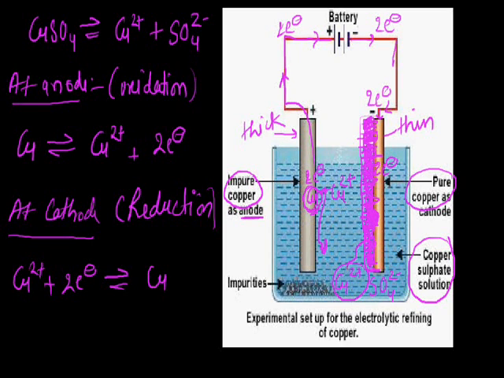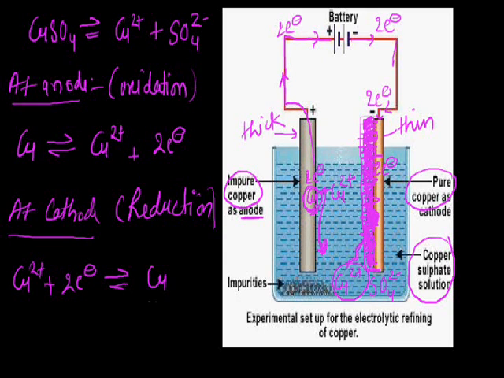In this solution, one Cu2+ ion comes into the solution, and one ion is deposited on this rod. So as many ions come into the solution, as many ions are deposited on the rod. So the concentration of Cu2+ ions in the solution remains constant.